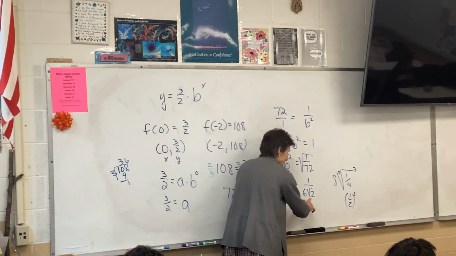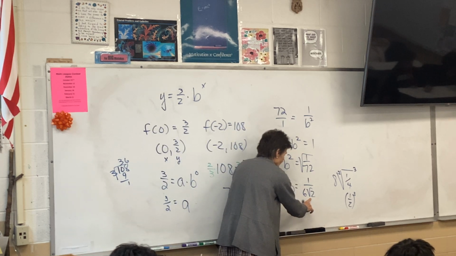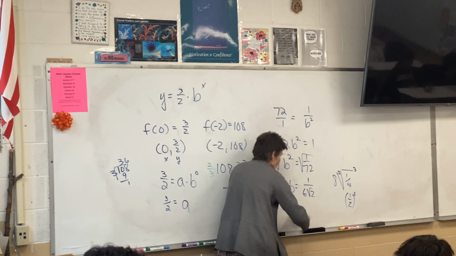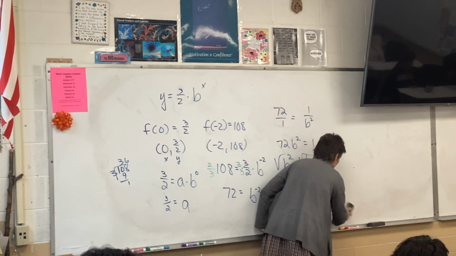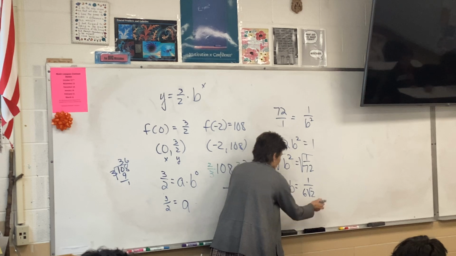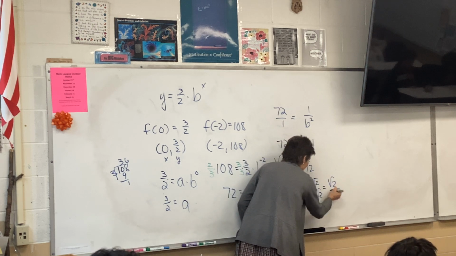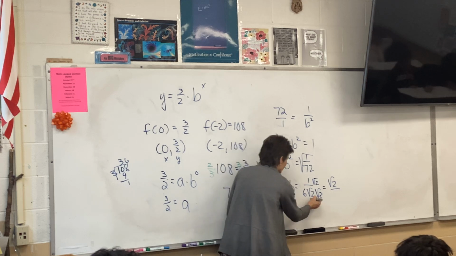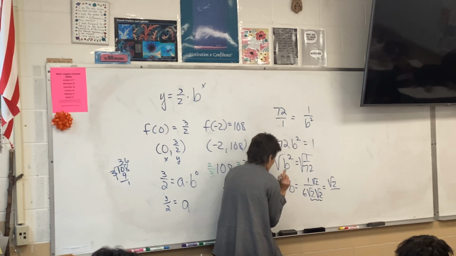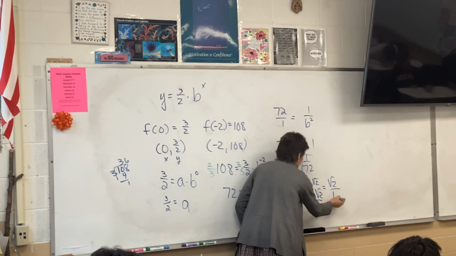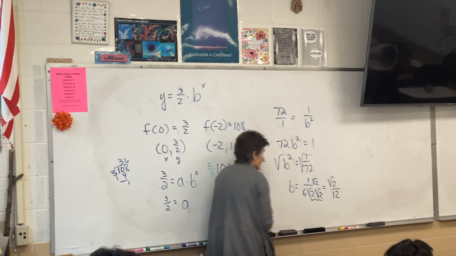I really don't like that down there. So do you remember what we do when we have a radical in our denominator? Yeah, multiply by that. So we'll do this. So I got root 2 over what? 24. Watch it. Or 12. 12, because that's 6 times 2.